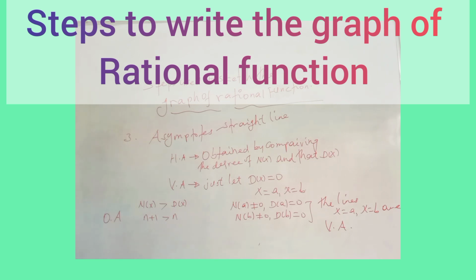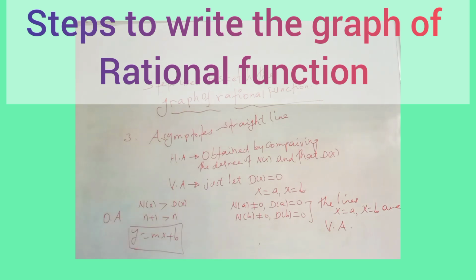That oblique asymptote is given in the form y is equal to mx plus b. This expression is obtained by dividing n of x by d of x using long division.